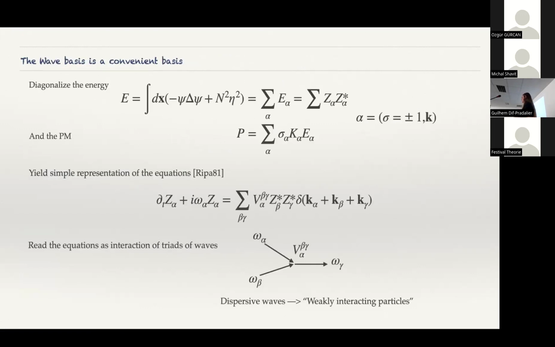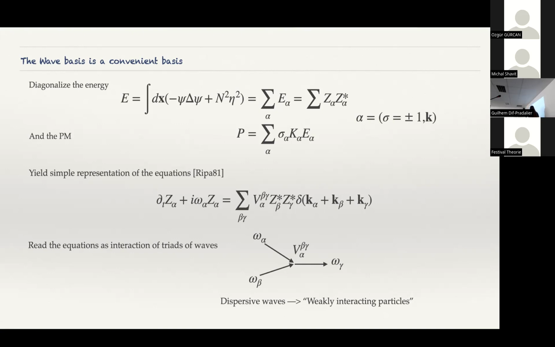So if you use just the wave basis, then you write your equations of motion in terms of the waves, and you get a very simple representation. This is the linear part of the equation, V is the amplitude of the wave, and they interact in triads because the nonlinearity is quadratic, and they have a coefficient V alpha beta gamma that describes the interaction of three waves alpha, beta, gamma, where alpha carries the wave number and the dispersion.